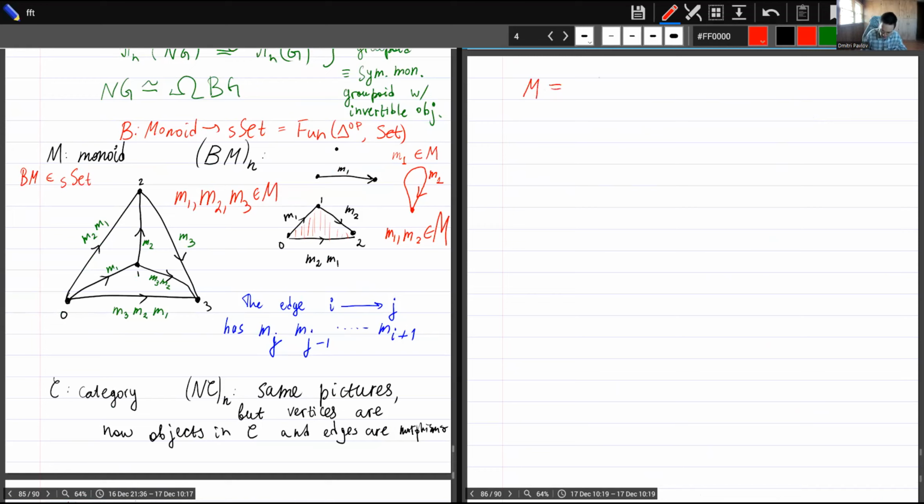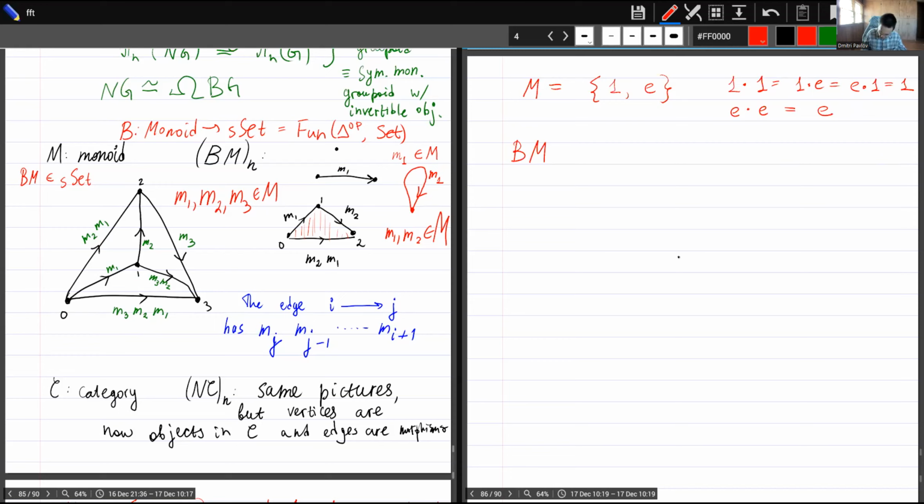So let's say M is a monoid with two elements, 1 and E, and 1 is a neutral element. And E is an idempotent. Let's draw the picture of BM.